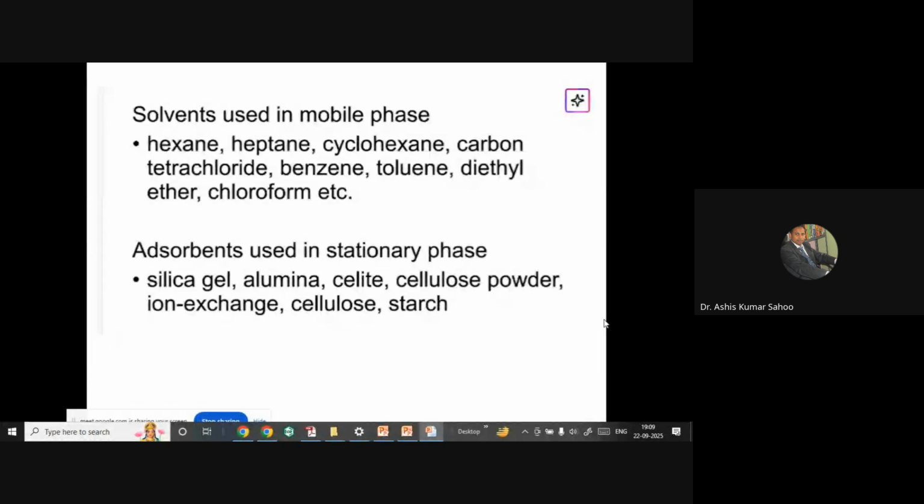So these are the different organic solvents used in the mobile phase in HPLC. What are the adsorbents, meaning the stationary phase? We can use silica gel, alumina, zeolite, cellulose powder, ion exchange cellulose, starch. So these are used for the stationary phase.